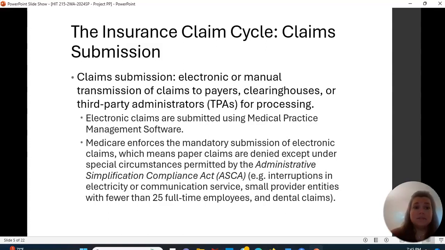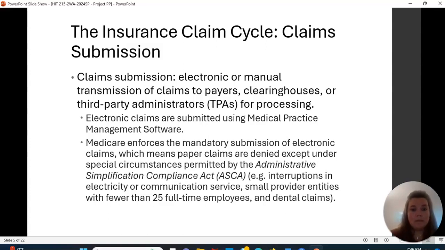So more on the insurance claim cycle, claim submission, which is the first step. It's the electronic or manual transmission of claims to payers, clearinghouses, or third-party administrators for processing. A lot of times, if it's electronic, it will be submitted using medical practice management software.